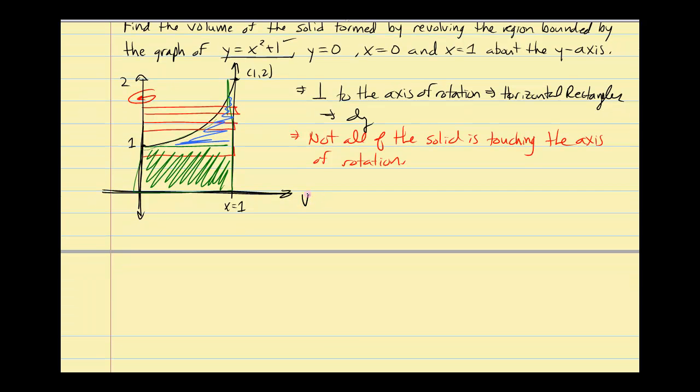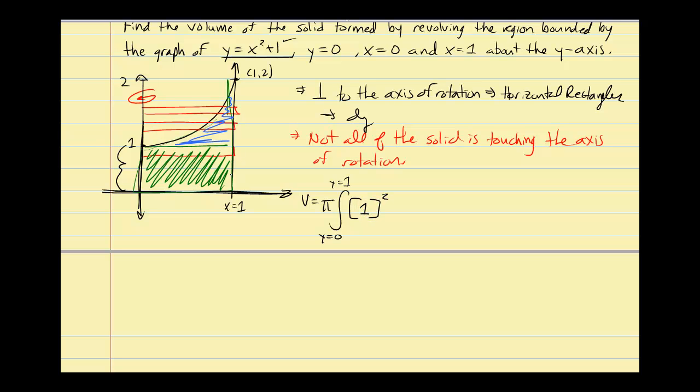So my volume, and we'll say this green area below here, will integrate from 0 to 1, y equals 0 to y equals 1, of my outer radius squared. Well, my outer radius squared here is pretty easy. It's 1 unit.